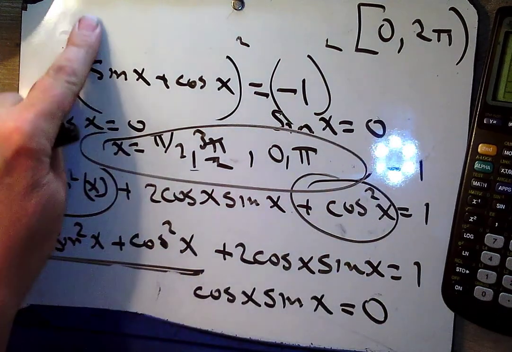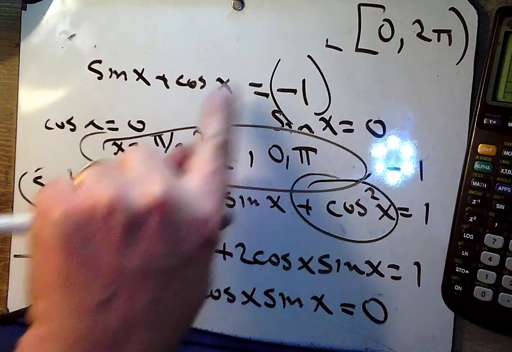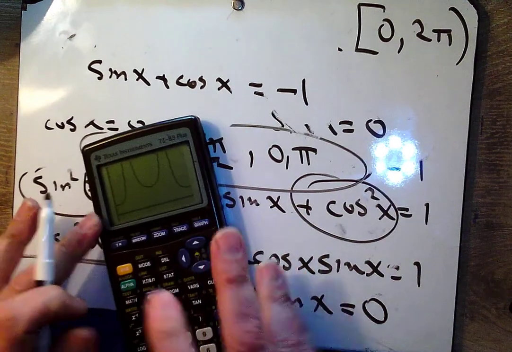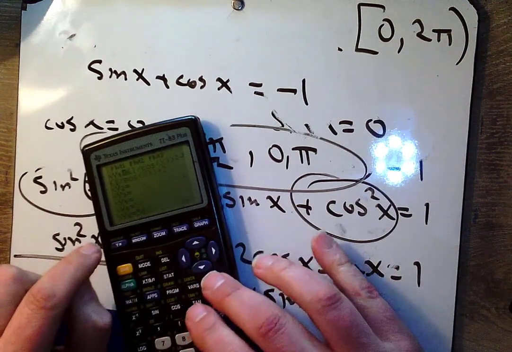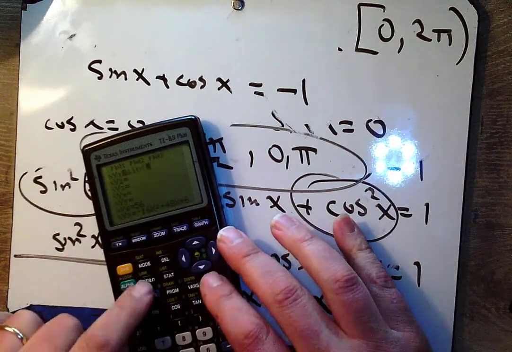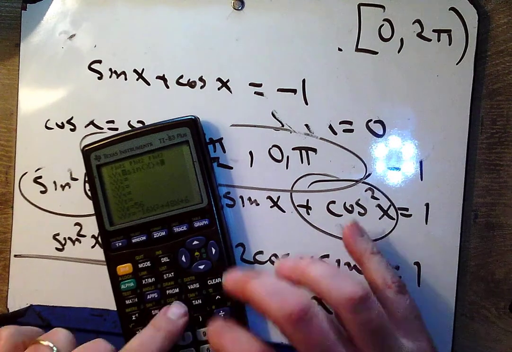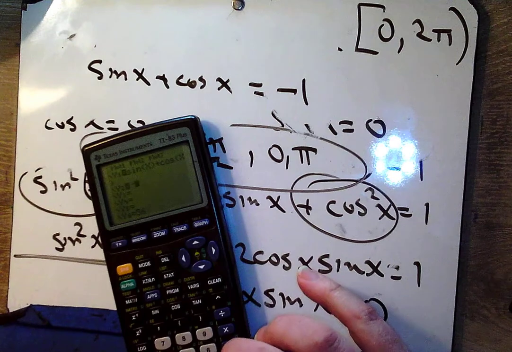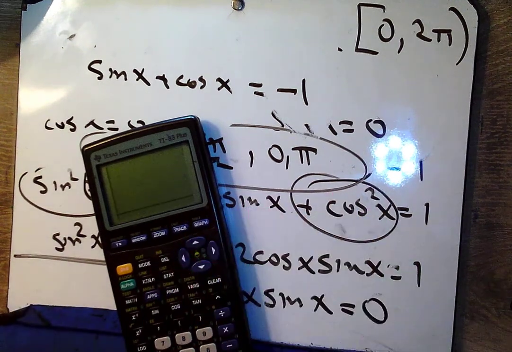All right, well, do me a favor. Let's go back and graph our original problem. Our original problem was sine x plus cosine x, and in y2 we have negative 1.